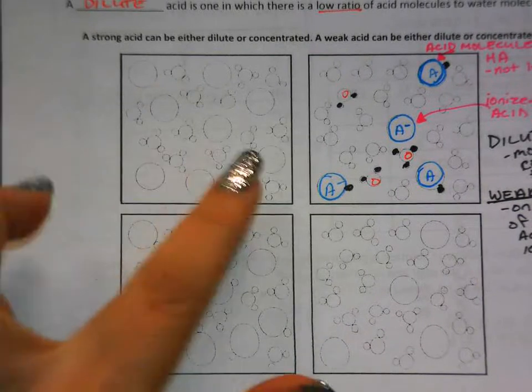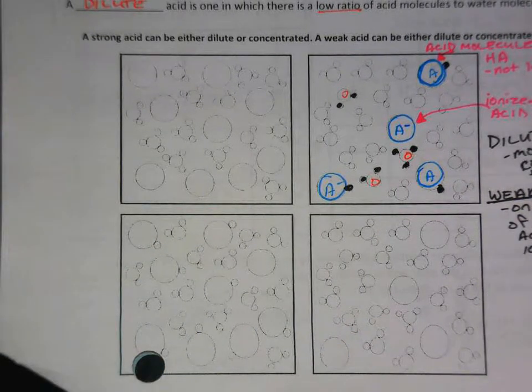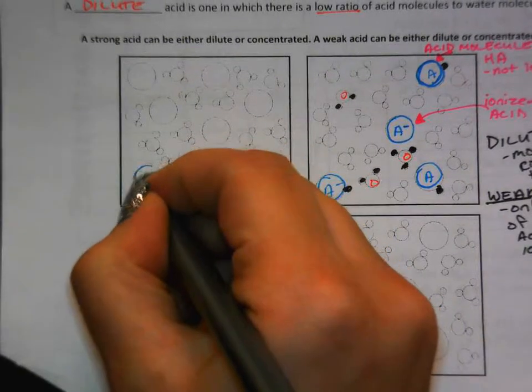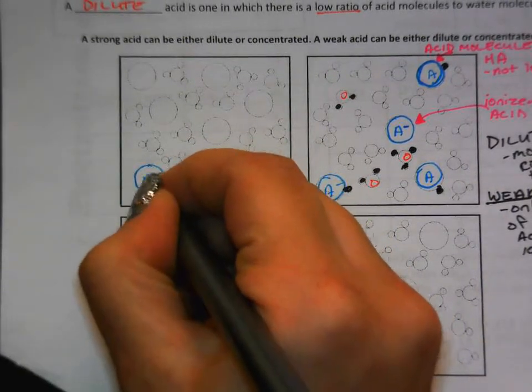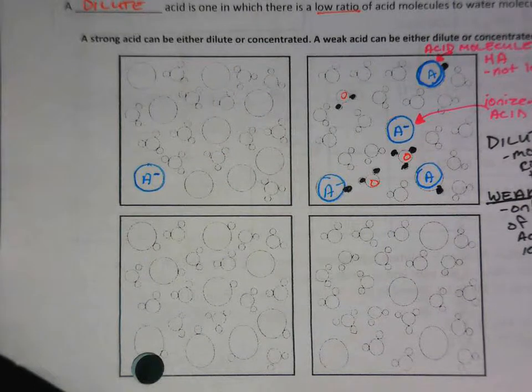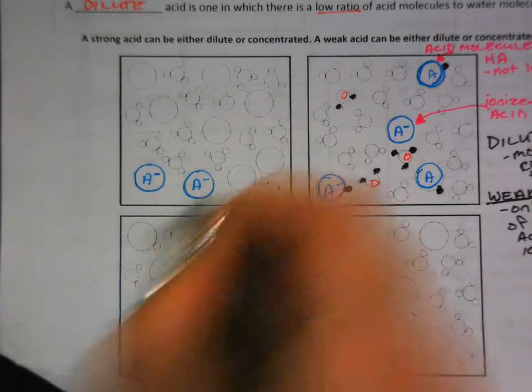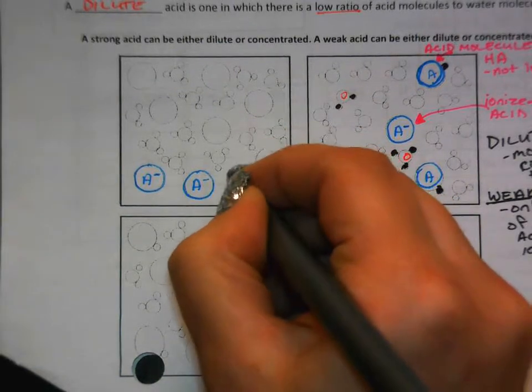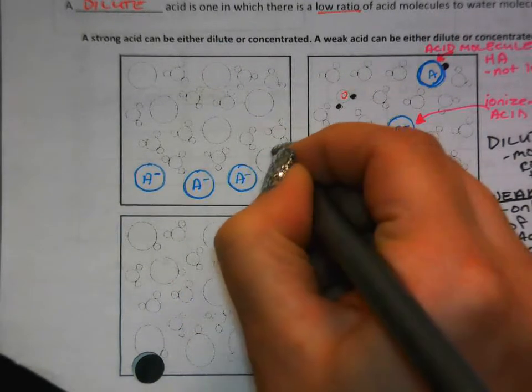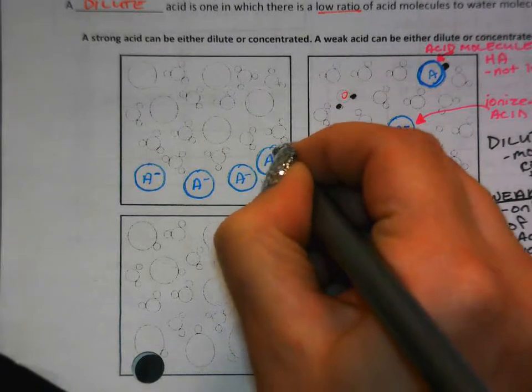If you compare it to this side, we have acid over here. It's no longer attached to its hydrogen, so it's an anion. It's got a negative charge. Here's another anion that must have once been part of the acid. Here's a 3rd. Here's a 4th. Here's a 5th.